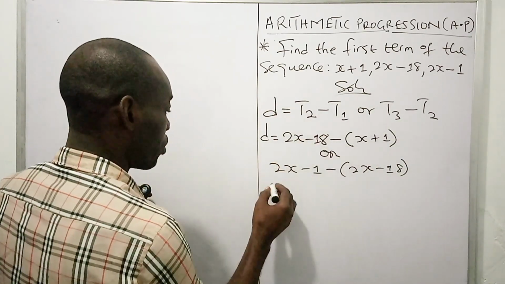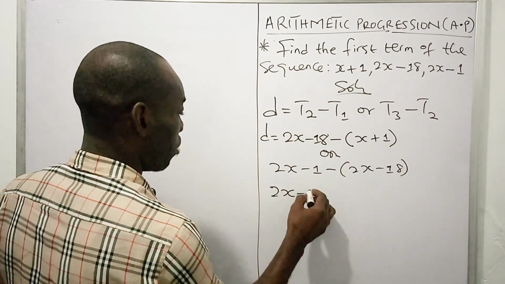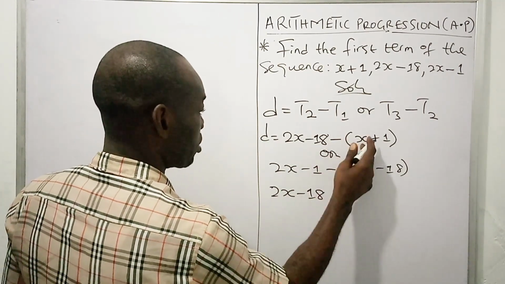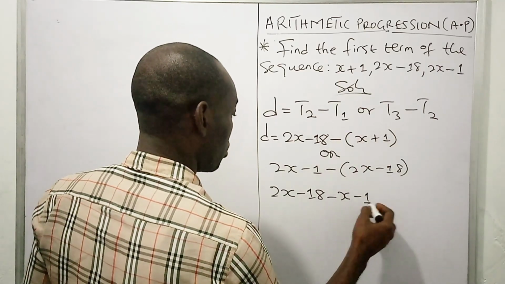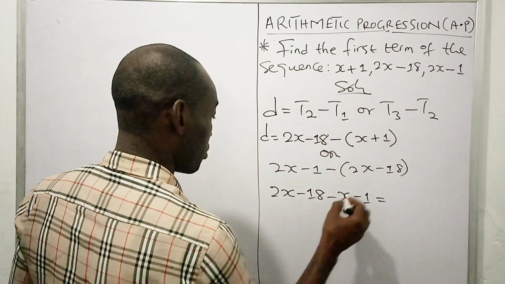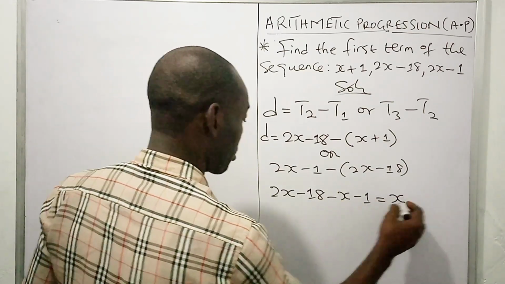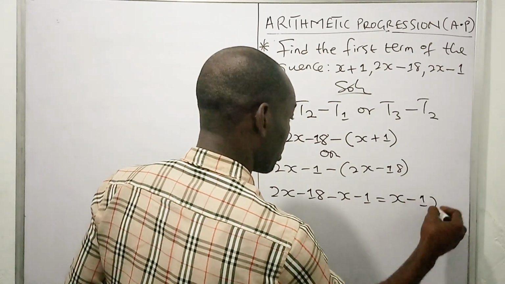So from the first one, that will give us 2x minus 18, minus times this is minus x, minus times this is minus 1. From this very one we get 2x minus x, that's x, then minus 18 minus 1 gives us minus 19.